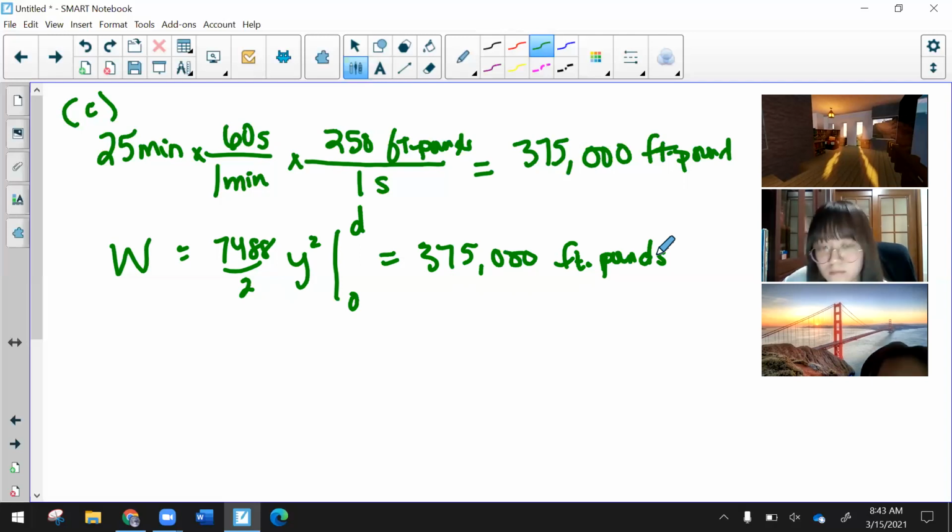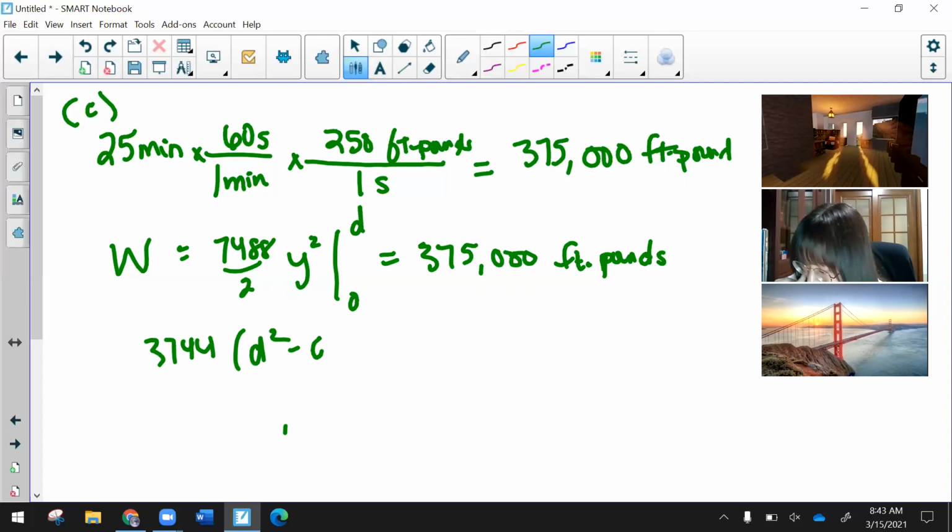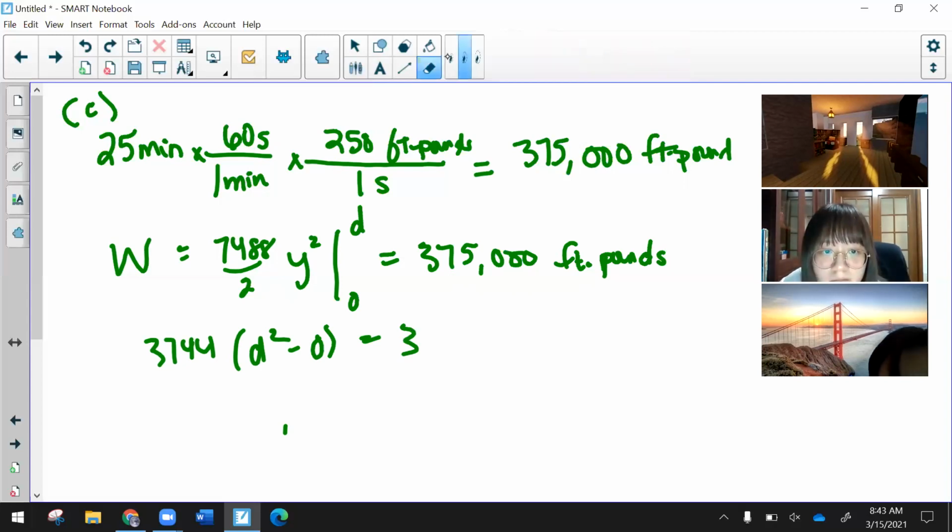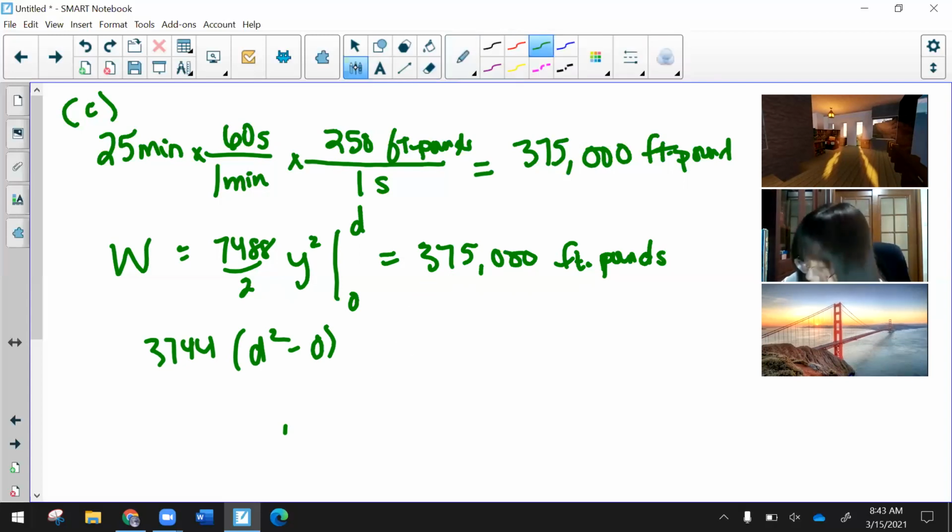Okay. Then I can sub in, so I think 7488 divided by 2 is 3744. D squared minus 0 is equal to 375,000, and then you can solve for D. So what's D going to be equal to?